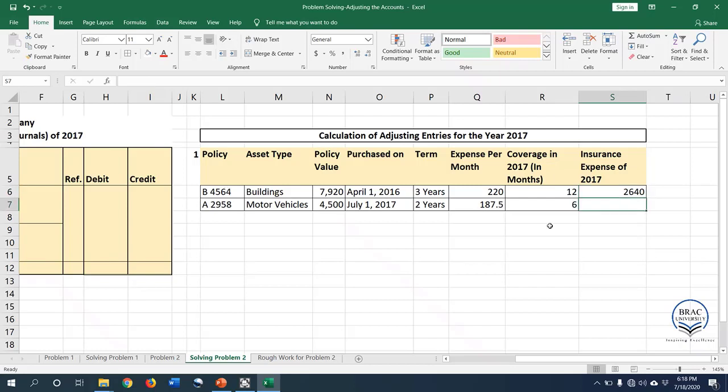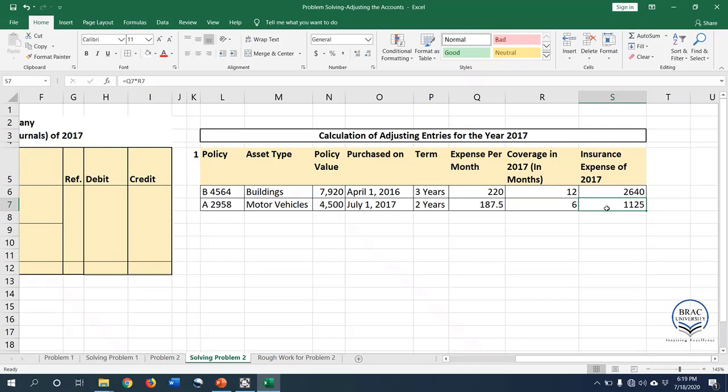And what should be the insurance expense for the year 2017 for policy A, the second one? Very simple. Per month, the insurance expense should be 187.5, and this insurance policy covers only 6 months of my year 2017. So the value should be like this into this. Okay, so this is the insurance expense for policy A for the year of 2017.